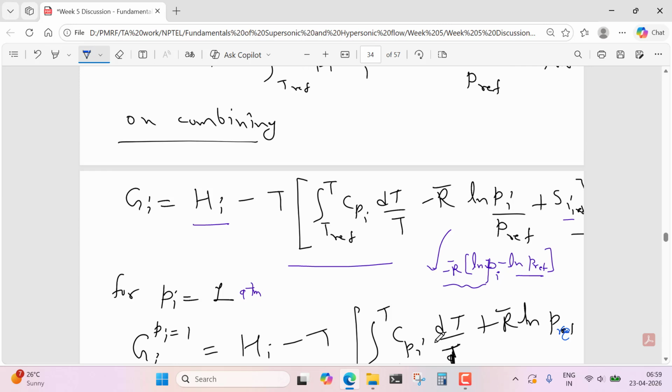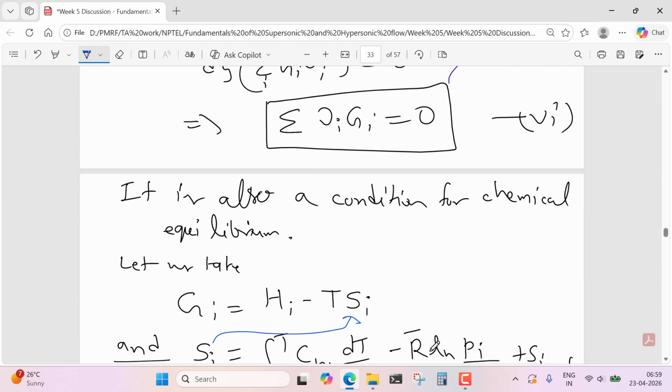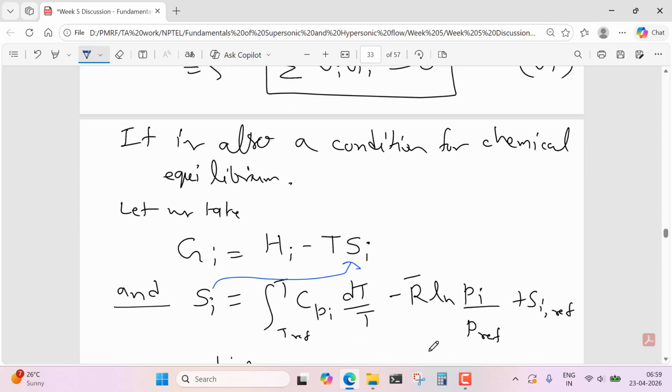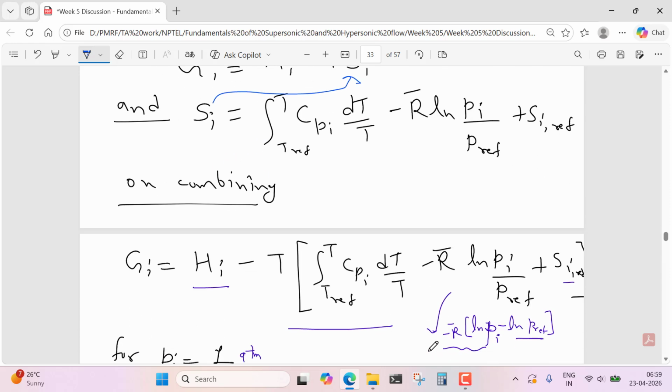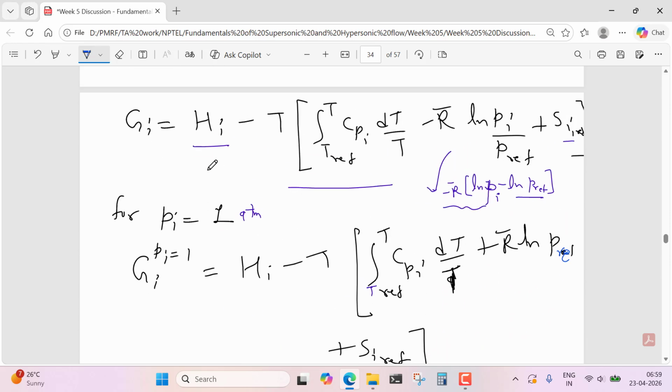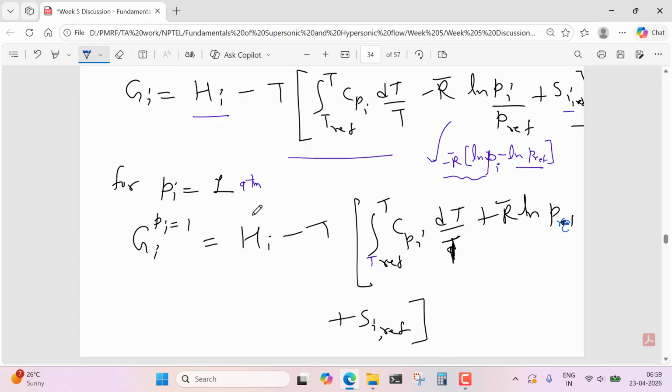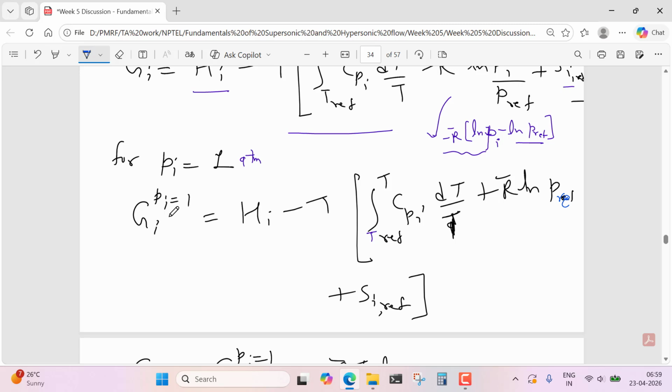Now we have two equations. One is this gi equal to this equation, and one is this gi at Pi equal to 1.